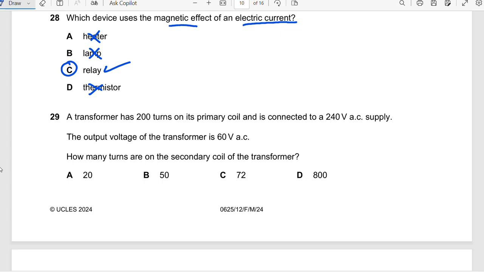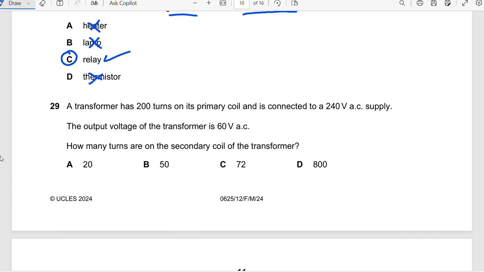Question 29. A transformer has 200 turns on its primary coil, so this is Np, and is connected to a 240 volt AC supply. This is Vp, V primary. The output voltage of the transformer is 60, which is Vs. They want how many turns on the secondary? They need Ns. Let's write the formula. Vp over Vs equals Np over Ns.